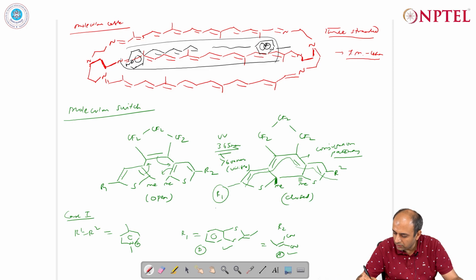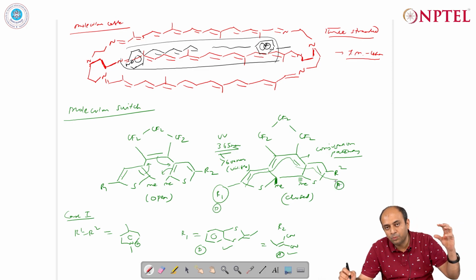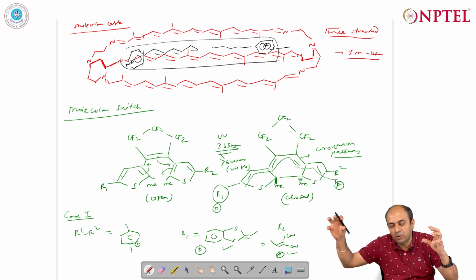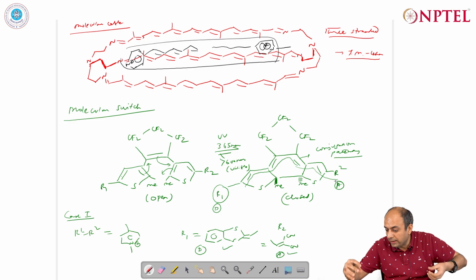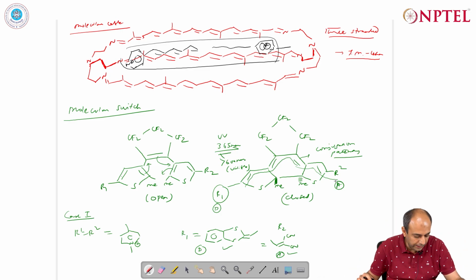So, say if R1 is a donor group and R2 is an acceptor group, the donor group is able to push electron density and the acceptor group is able to accept the electron density via this conjugation pathway, and that makes this closed state a very interesting situation where electronic communication can take place between the donor and the acceptor groups.